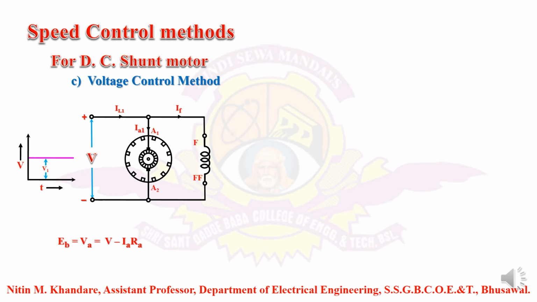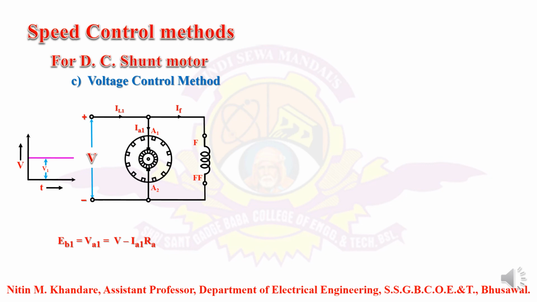The equation of the applied armature voltage or the back EMF is the same, that is V minus IA RA. So for this V1, the equation becomes EB1 or VA1 equals V1 minus IA1 into RA. As the back EMF is less, the motor will run at a lesser speed.